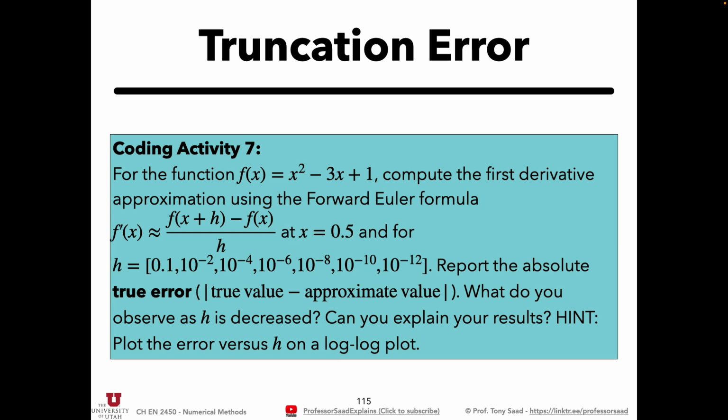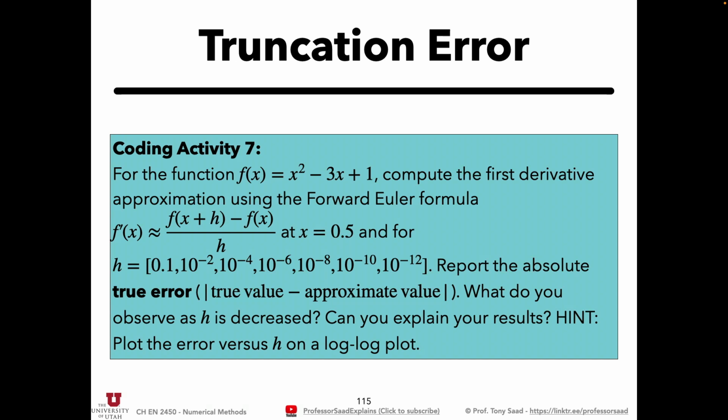But there's a little gem in this problem. For the function x squared minus 3x plus 1, compute the first derivative approximation using the forward Euler formula, f of x plus h minus f of x over h, at x equals 0.5.